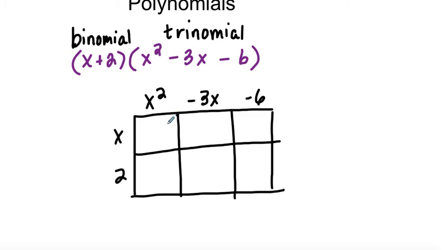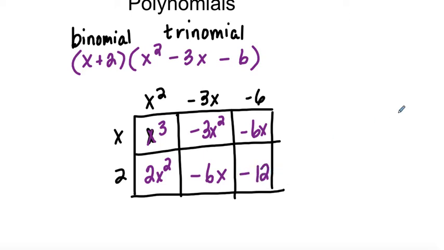Now, because it's area, we multiply. Each box is a rectangle, so we multiply the terms. So x times the top terms would give me x cubed minus 3x squared minus 6x. The bottom terms, we have 2x times x squared, which gives me 2x squared minus 6x, and then minus 12.